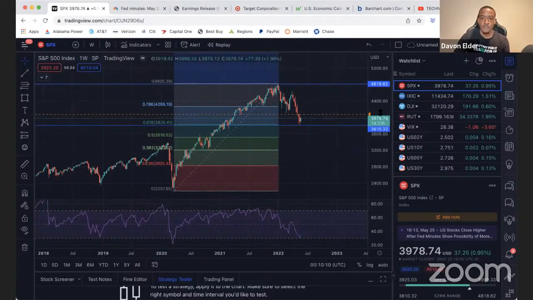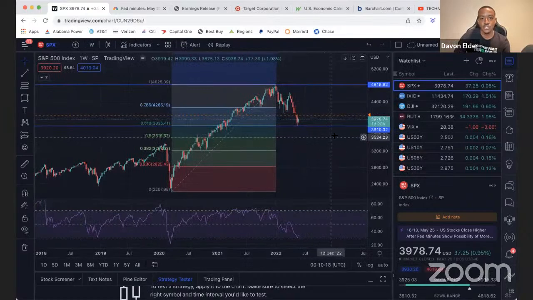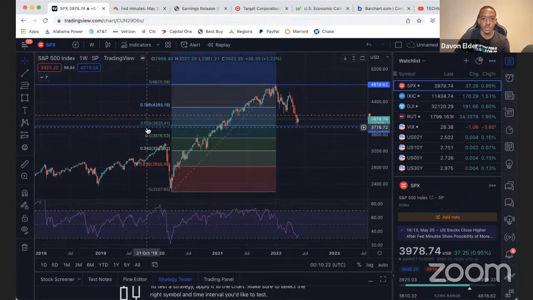Now, from an index perspective, for the S&P 500 index, a lot of traders and a lot of investors like to enter the market around the 618 fib level. So the 0.618, you can just convert that to 61.8%. So at the 61.8 fib level, that's where a lot of people like to enter the market.